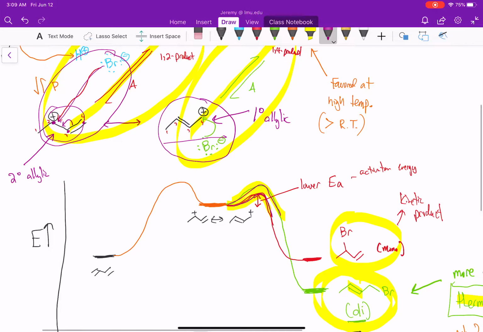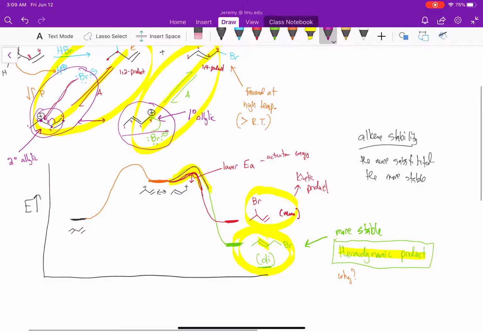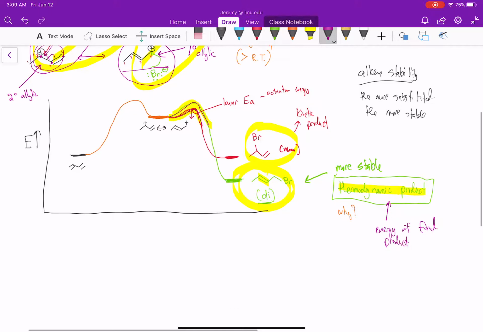So the kinetic product, right, while the thermodynamic product, we're looking at the energy of the final product. This is the energy of the final product. We're just looking at really alkene stability.